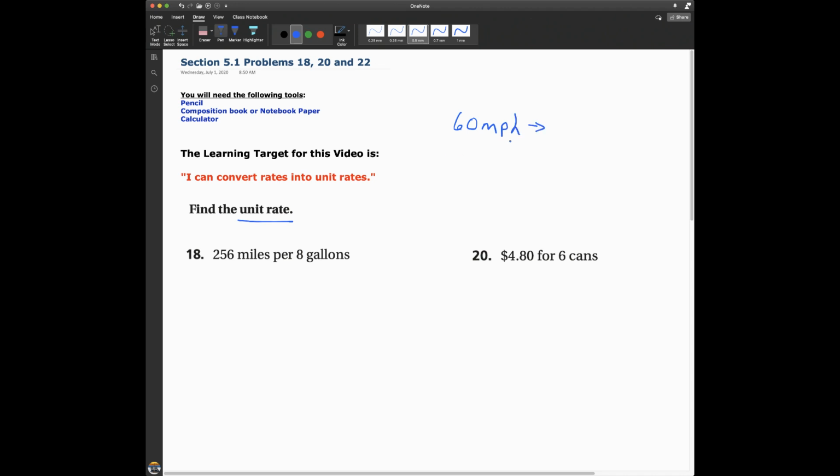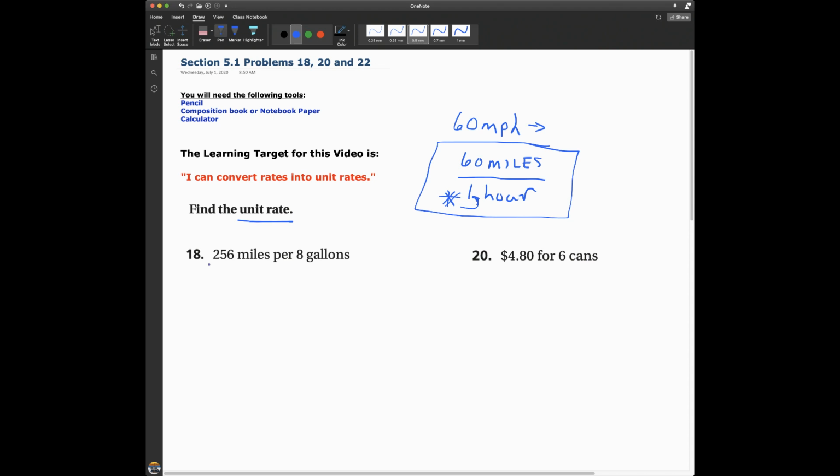That is the same as saying 60 miles per hour, per 1 hour. Okay, so 60 mph means 60 miles per hour, 60 miles in 1 hour. And this is a unit rate because my denominator is 1.